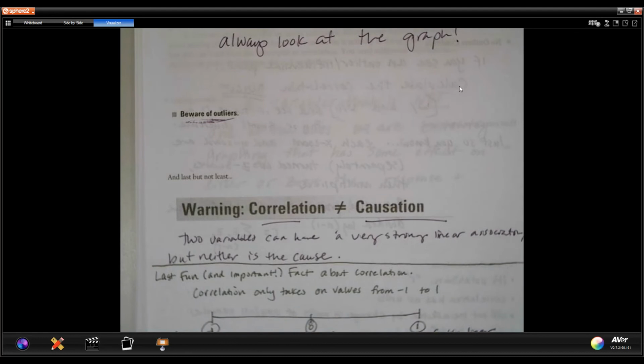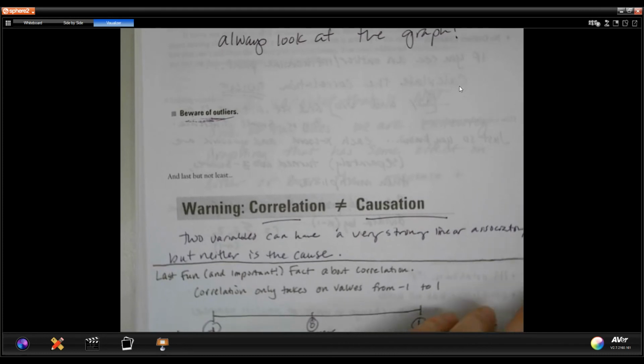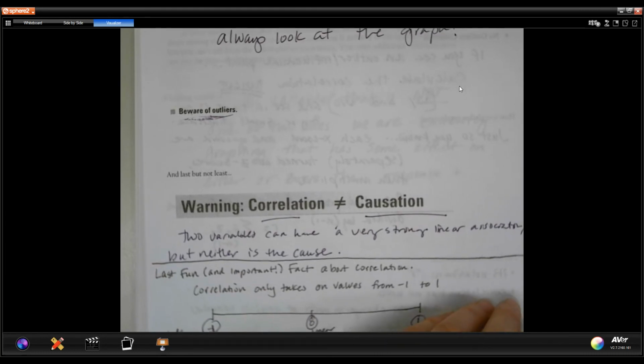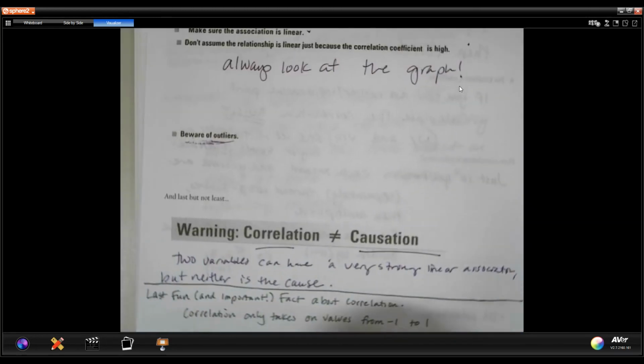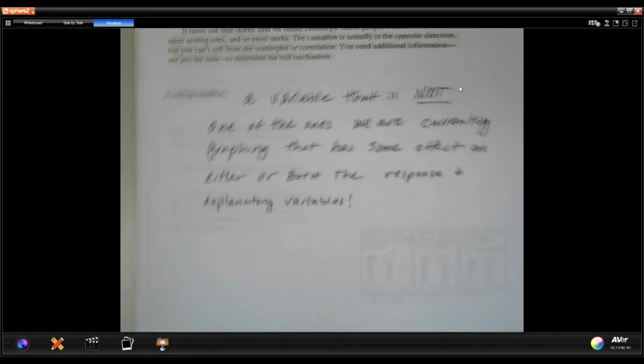Okay? Or it could be that the wrong one we think is causing the other one. We don't really know. None of the things we're doing here is designed to decide those. You would need an actual controlled experiment to find any sort of causation. So just remember that.